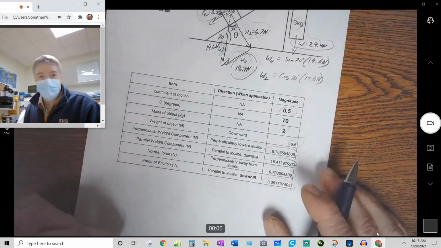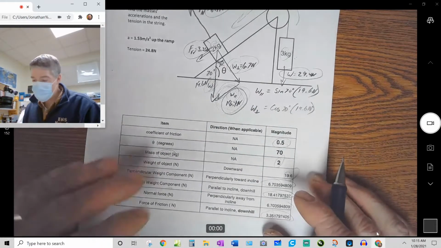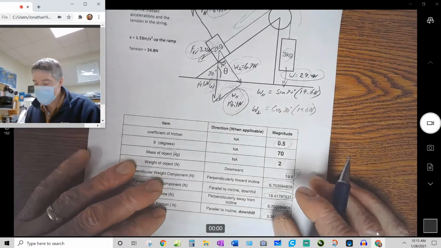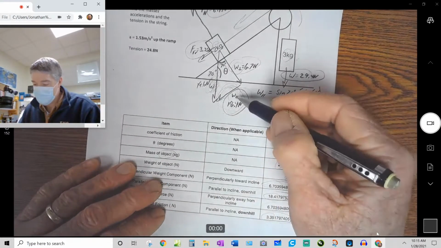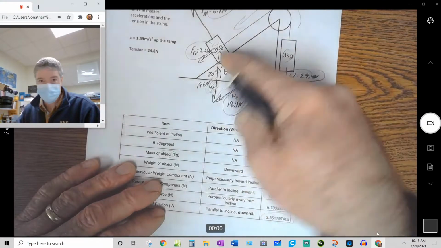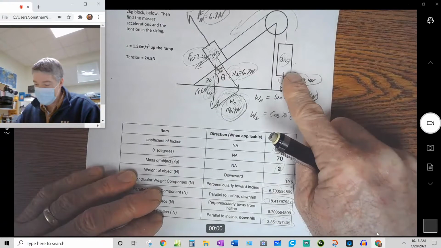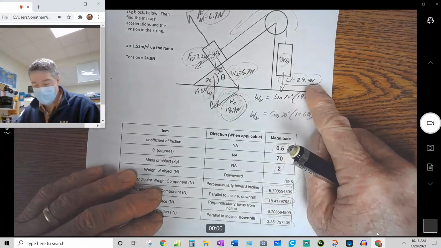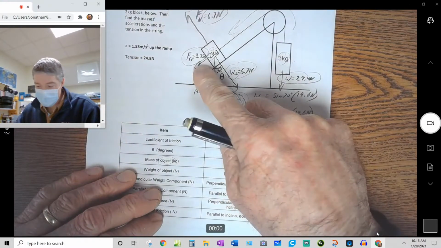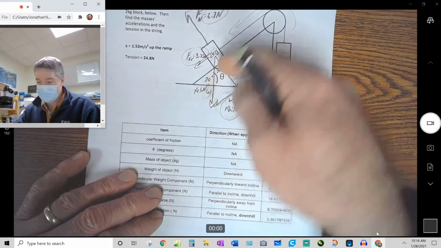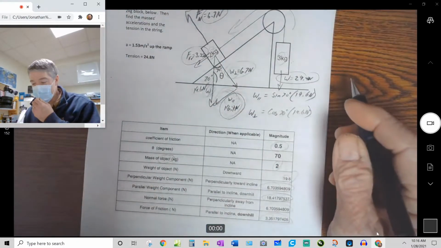So I've identified all the important forces that are here. The non-canceling forces now are, there's weight of this pulling it downhill, 18.4 newtons. There's the weight of this pulling everything this way, 29.4 newtons. And then there's friction between the hill and the block going this way, 3.35 newtons.